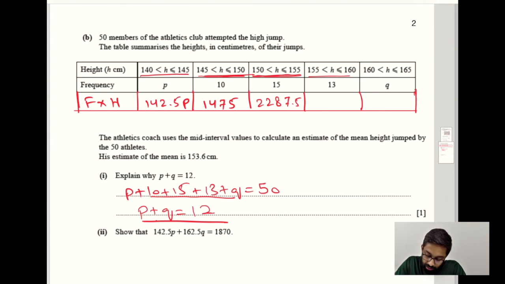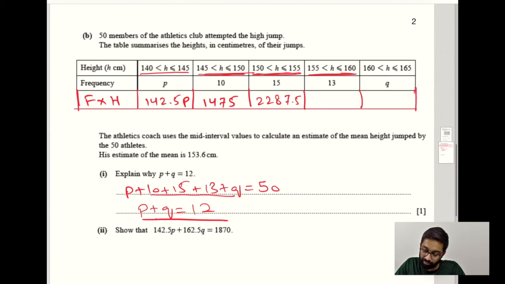The middle value of 155 and 160 is 157.5. 157.5 times 13 gives me 2047.5. And the middle value of 160 and 165 is 162.5 times Q gives you 162.5 Q.